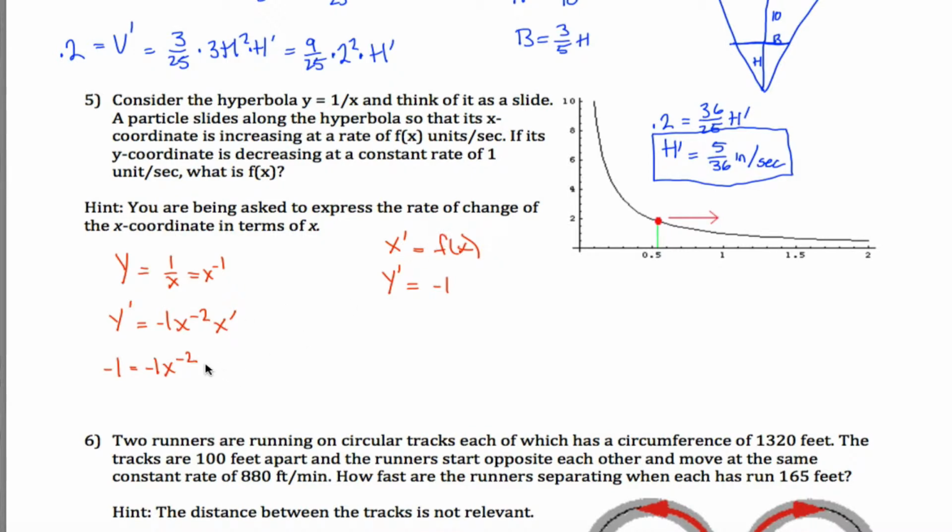But x prime is f of x. So solve this for f of x and you're done. To solve for f of x, I'd multiply both sides by -1 and then multiply both sides by x squared. I will get that f of x must be equal to x squared. Strangely worded problem, but you can do it, and that ends up being the answer right there.